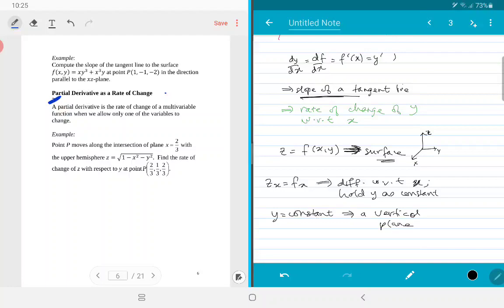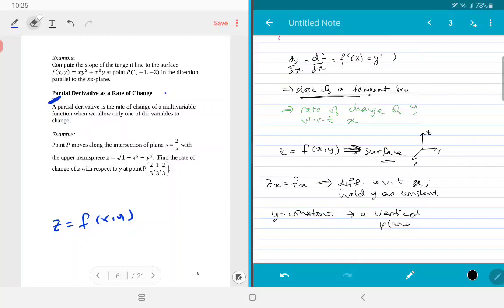So the partial derivative is the rate of change of a multivariable function when we allow only one of the variables to change.